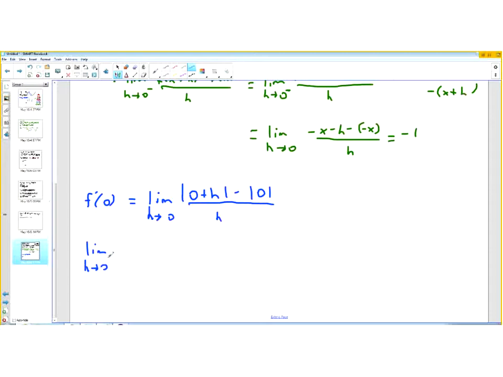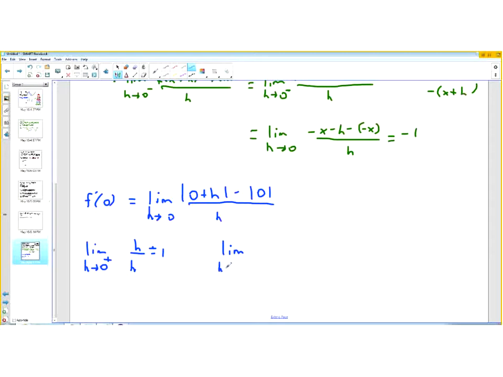So if h were positive, h would approach 0 from values greater than 0, and so the absolute value of a positive h is just h, and so we're left with h over h, which is equal to 1. Now remember we're evaluating this limit for negative h.